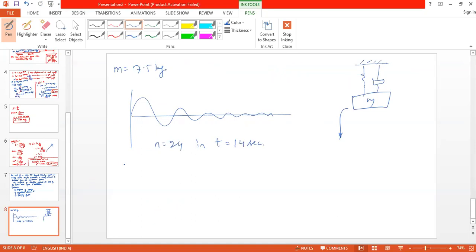This is one condition, and the amplitude of the vibration reduces to 25% of its initial value after 5 cycles.